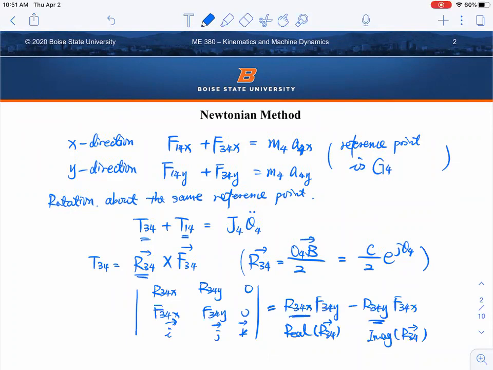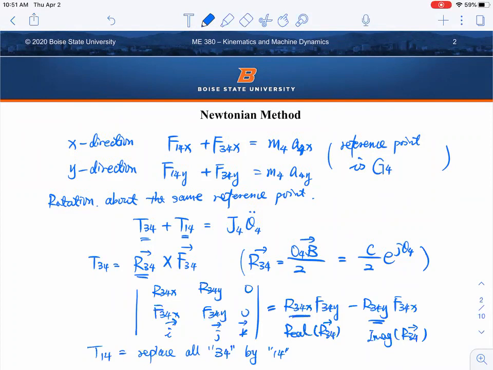Okay, so that's how you find your T34. The same thing, you can find your T14. As I said before, you just replace R34 index by 14 because they're in the same format. So that's how you get 3 equations from link number 4.